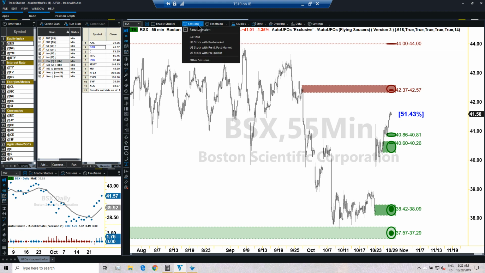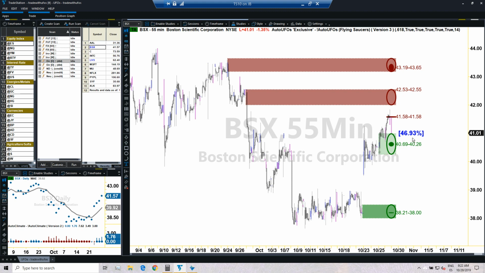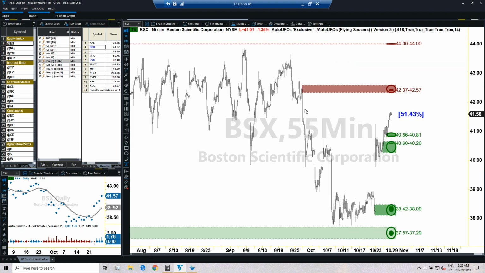With regular session data with pre and post market, 51% becomes 46, so certainly not better. So we're going to use regular session, and I was saying that we need to look for green UFOs around 40, and unfortunately at this price we do not have any. We do have one a little higher.